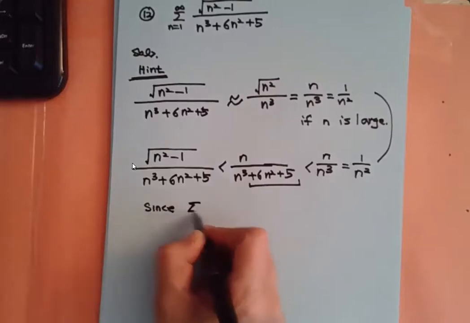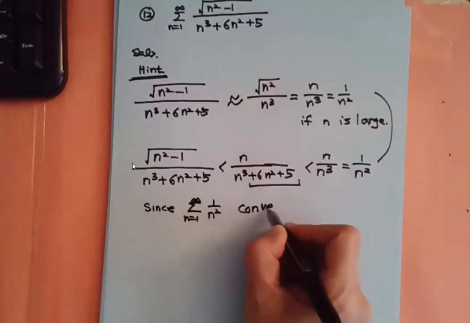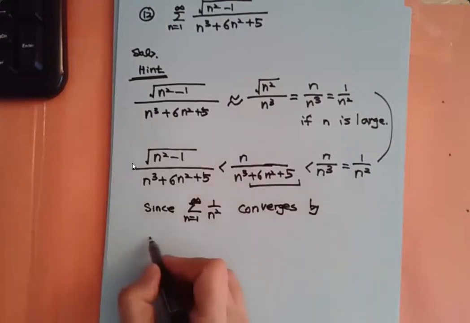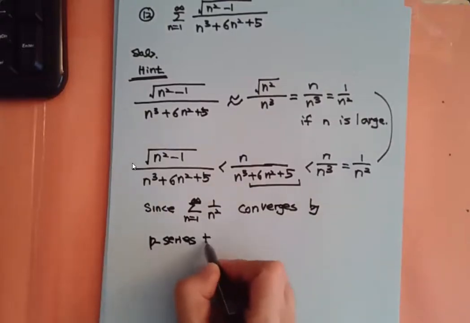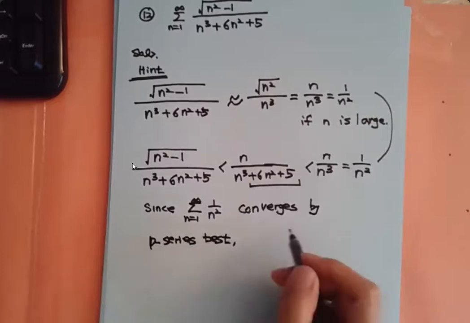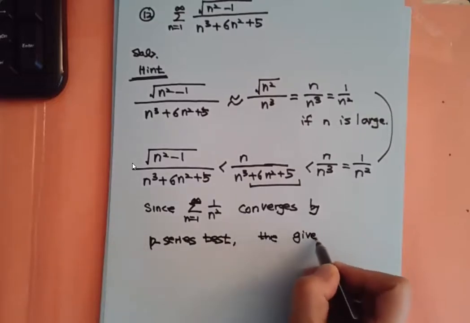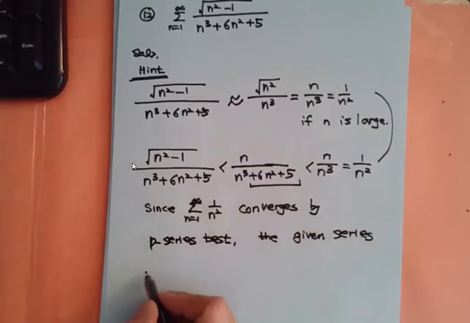Since summation n equals 1 to infinity, 1 over n squared converges by the p-series test, the given series converges.